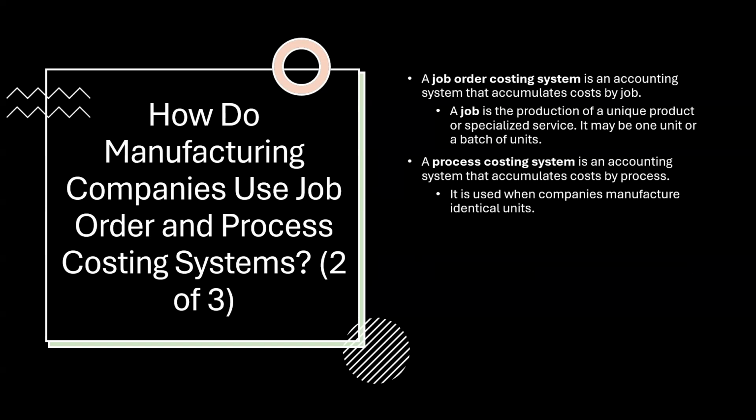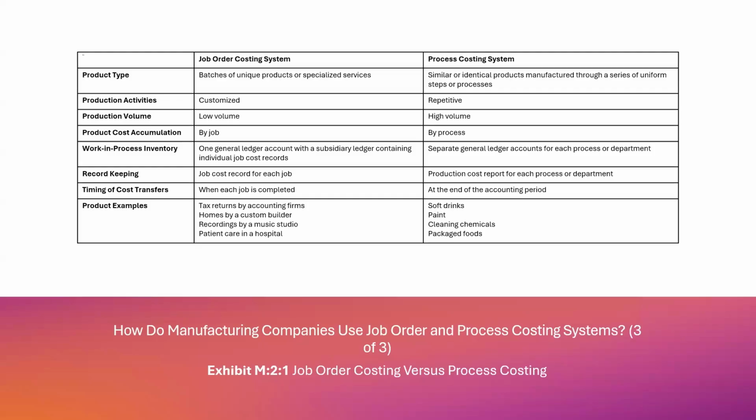Process costing is used by companies that produce large volumes of identical units. Now, this system accumulates costs for each process involved in the production of the product. Here you see in Exhibit 2.1, it highlights the key distinctions between job order costing and process costing.